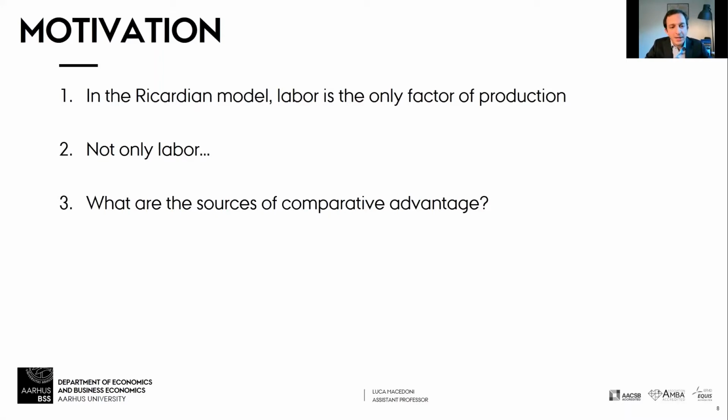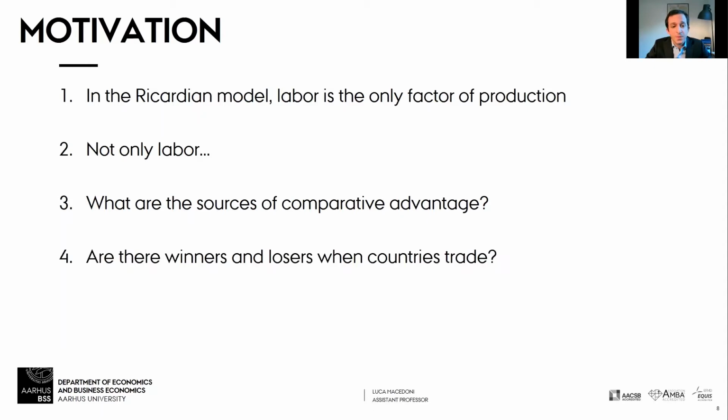Now, by looking at the factor endowments, so how much labor and how much capital countries have, we're also going to infer something about the sources of comparative advantage. And we're going to be able to show that there are indeed winners and losers from international trade.